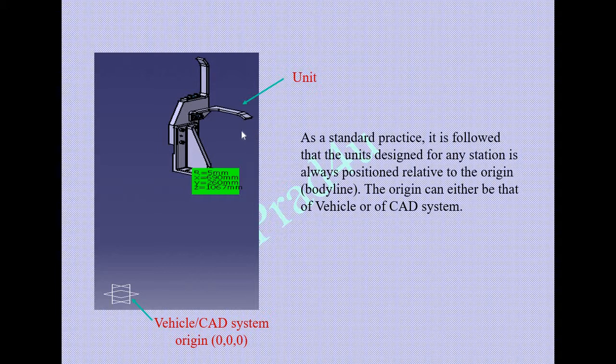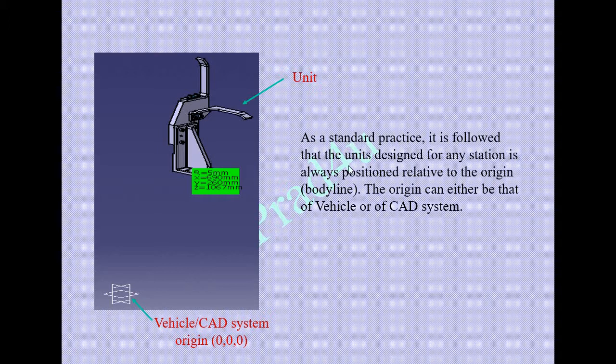So the BIW fixture design engineer must design his fixture by taking this part at this design position. This is a standard practice for a BIW design engineer, so you must understand this as a standard practice.